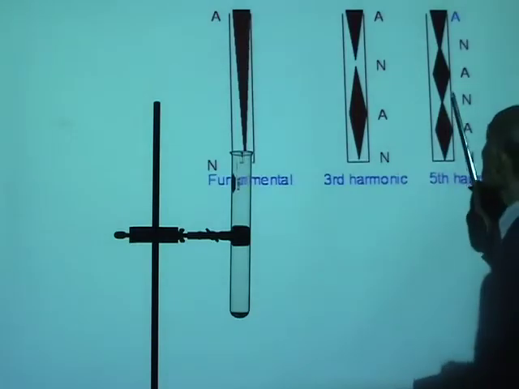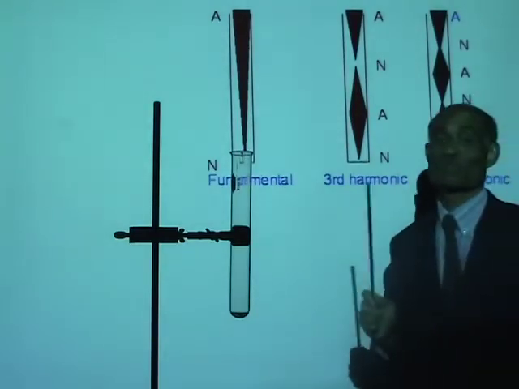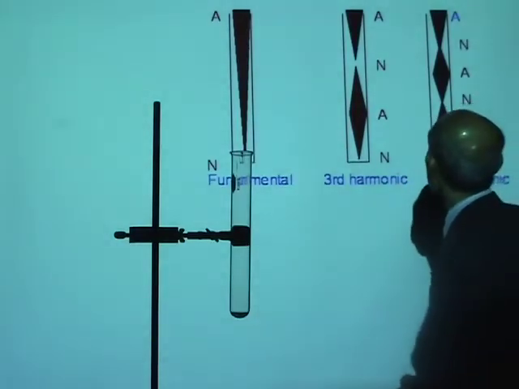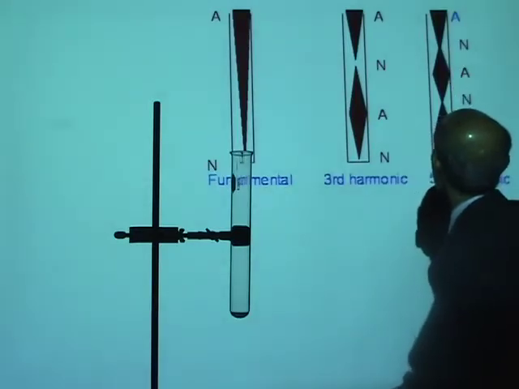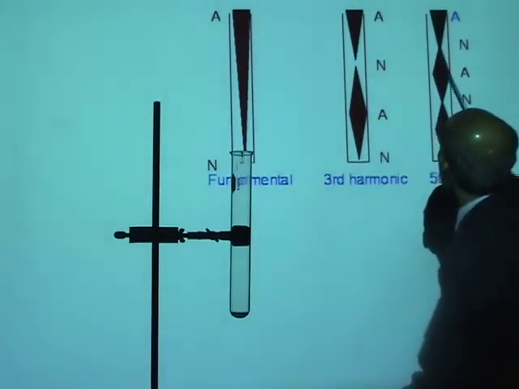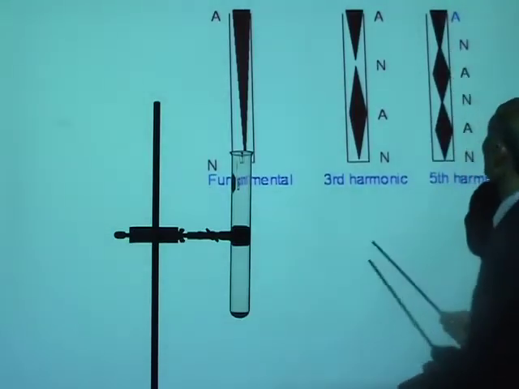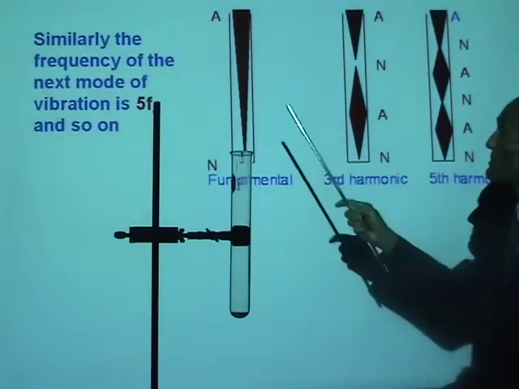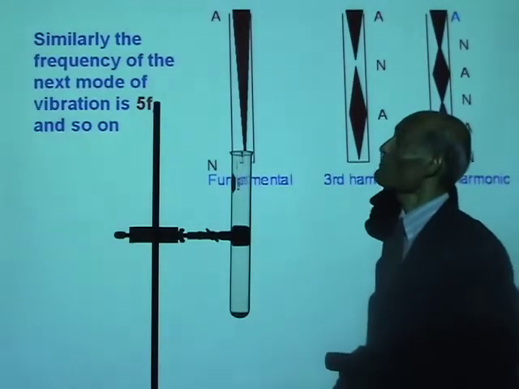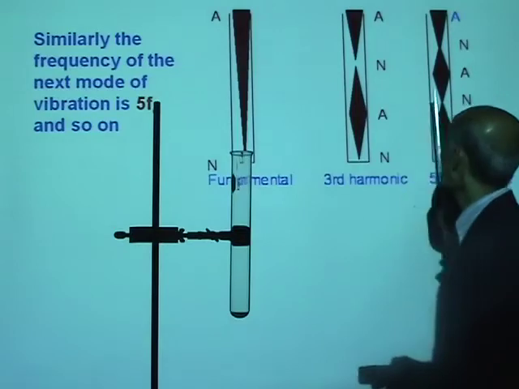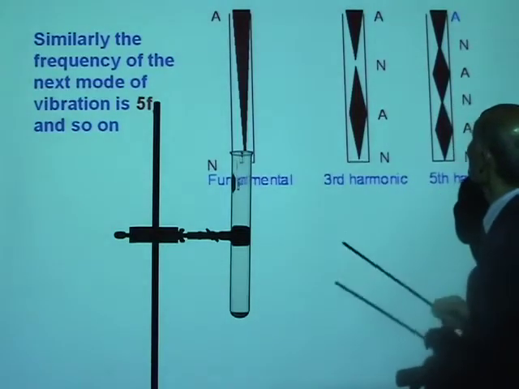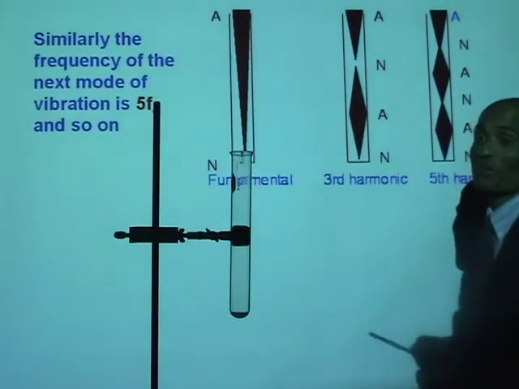And how about the third mode of vibration? In the third mode of vibration, you got 2 full segments and a half segment inside the tube. So similarly, the frequency of this next mode of vibration will be 5 times the fundamental.